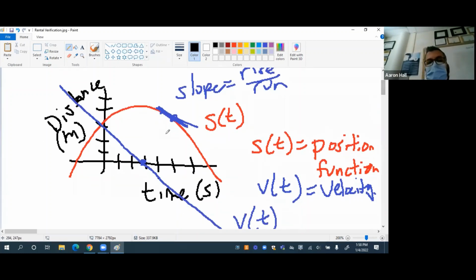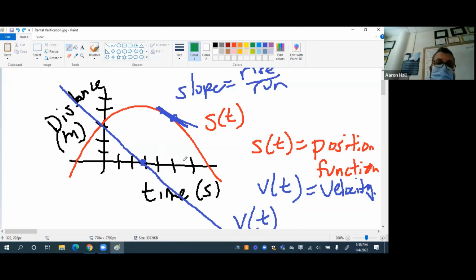Now I want to take the derivative of the derivative, and my derivative function is this blue line. If I take the derivative, it looks like the slope is constant. Our slope is going to be the same regardless of where we are. The slope of our slope is what? Positive or negative? Negative.